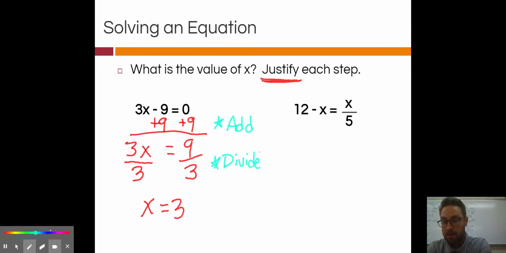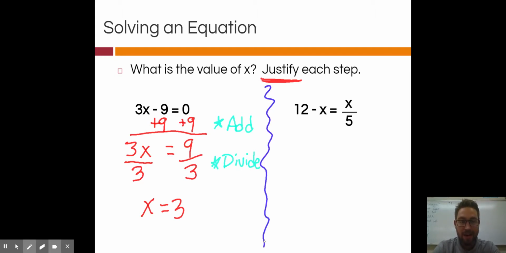The one on the right-hand side looks a little bit more complicated, but is not beyond our capabilities. We have 12 minus x equals x over 5. Uh-oh. Well, the thing that scares me the most is this fraction. So I want to get rid of that denominator first.